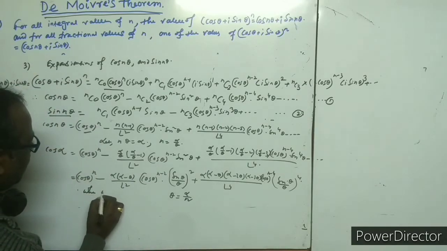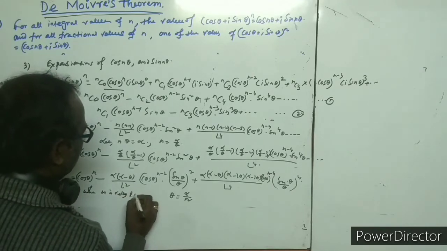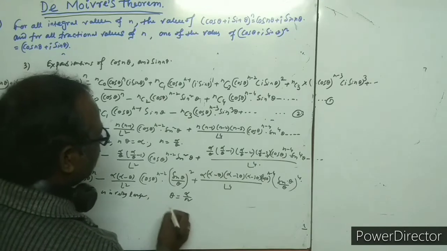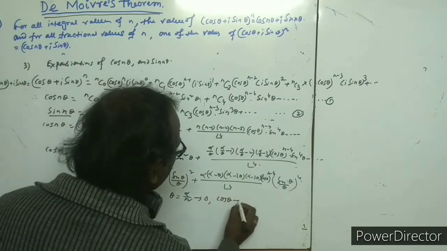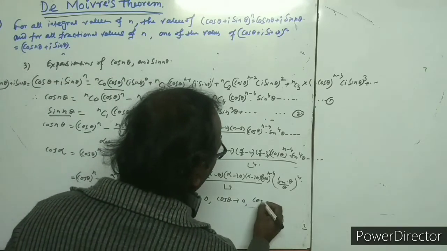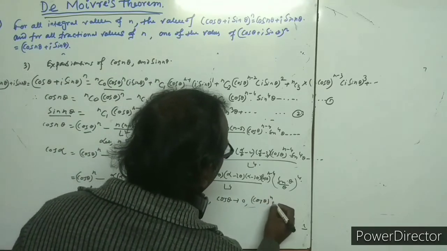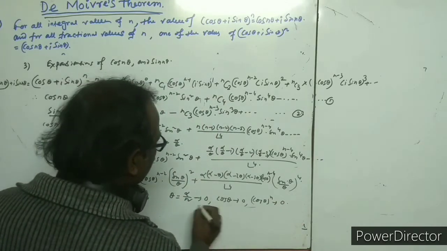When n is very large, then this tends to 0, so cos theta tends to 0, and cos theta to the power n tends to 0 also.